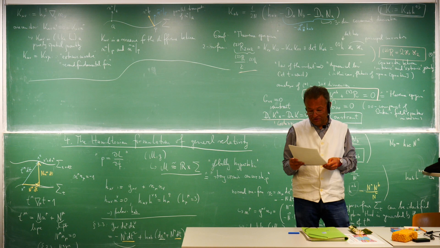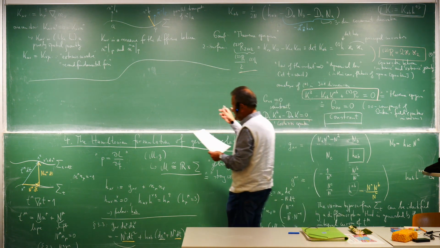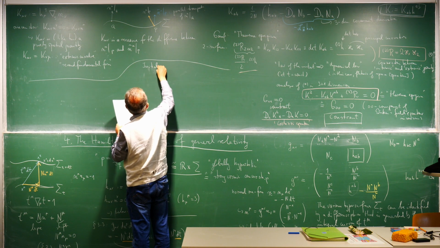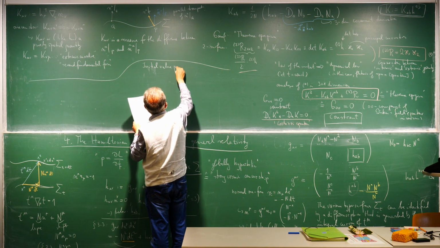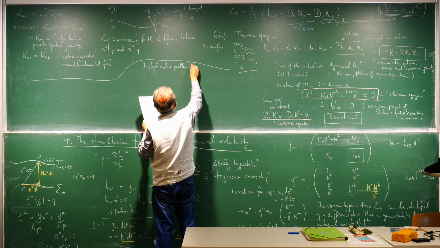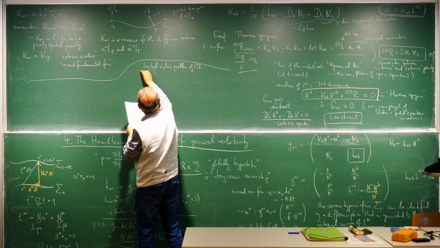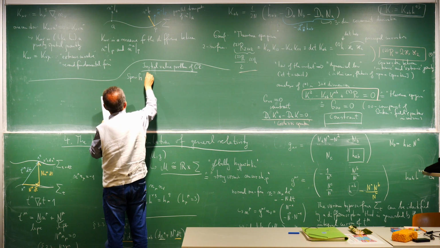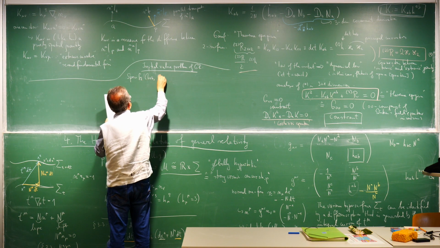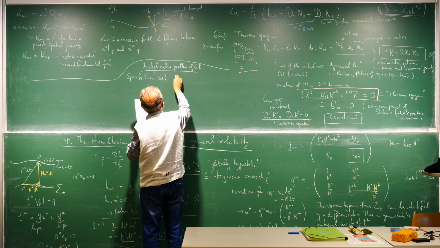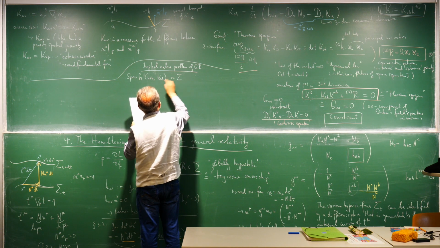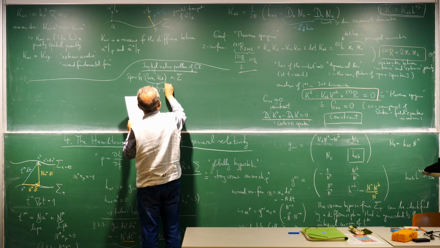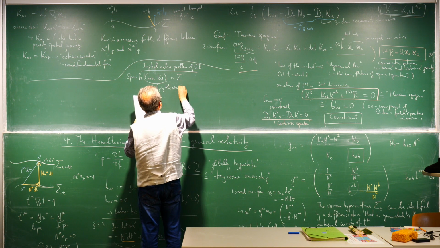That's very important. Maybe it's so important that I write it down. So, initial value problem of GR. Specify h_AB, K_CD on sigma, satisfying the constraints.